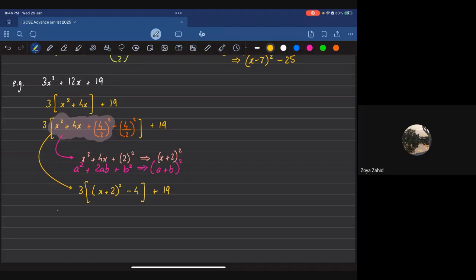I can expand the bracket, so it's going to be 3 times (x plus 2) whole squared. 3 times minus 4 is minus 12, so plus 19. So this is going to be 3(x plus 2) whole squared plus 7. And that's your answer.